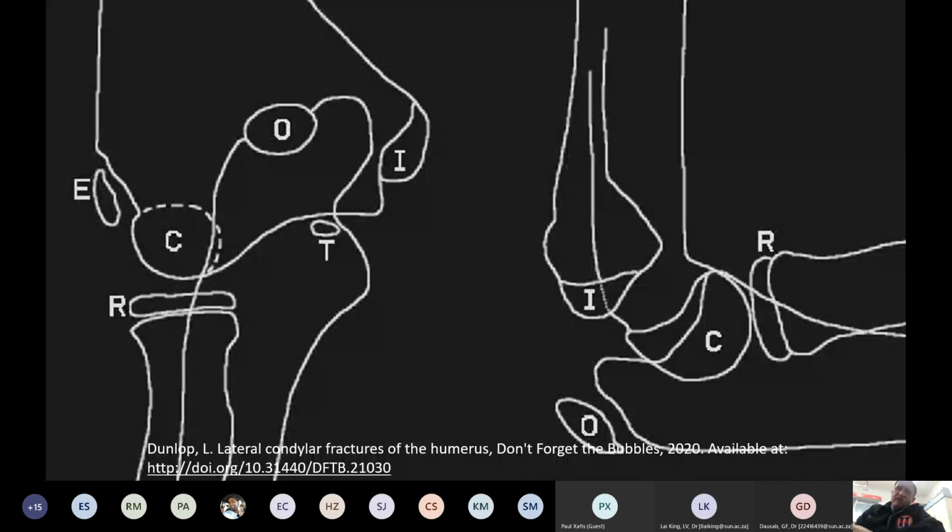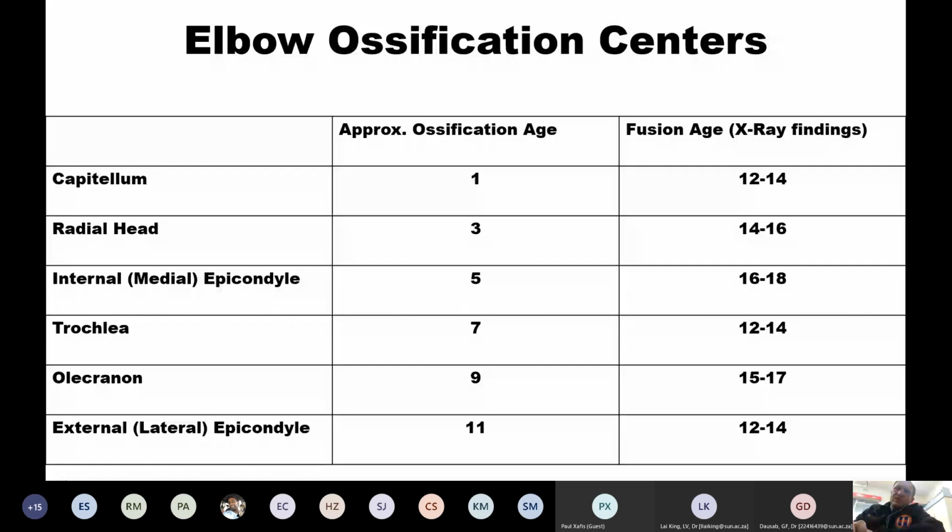Looking at the ages, this is again approximate, and there's no one absolute number. You need to be aware that there's about a year, up to 2 years in some instances, of variation on this number, but the principle is more the sequence of how ossification occurred.